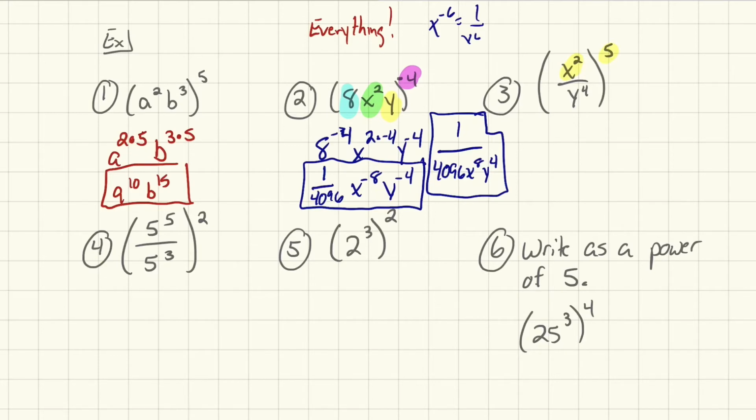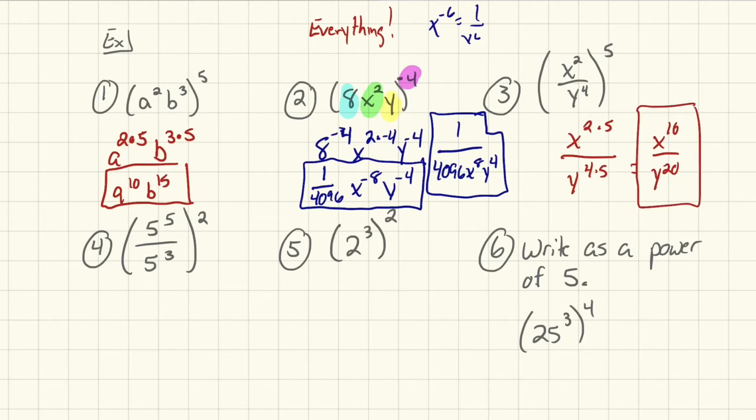So we handle that. That ends up giving me x to the 2 times 5 over, and we do the same thing with y to the 4th and 5, and that's going to give me y to the 4 times 5, and that's going to be equal to x to the 10 over y to the 20.